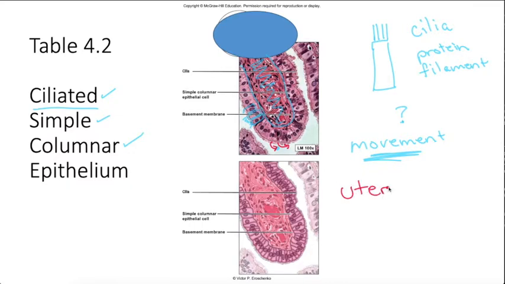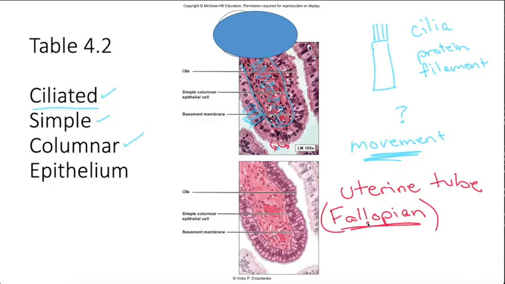Uterine tube, sometimes called fallopian tube. I'm fine with using the word; if you put the word fallopian on an exam, I'm totally fine with that. But generally in anatomy, we're trying to get away from naming body parts after people.